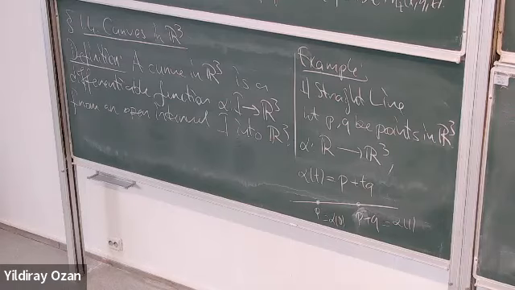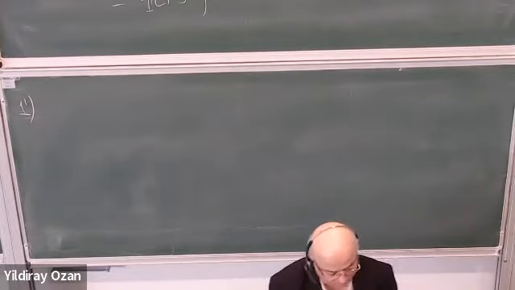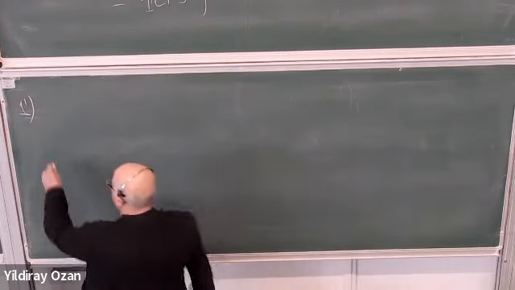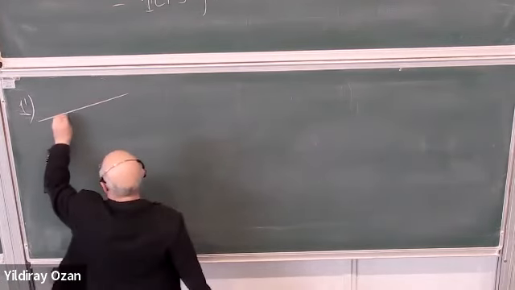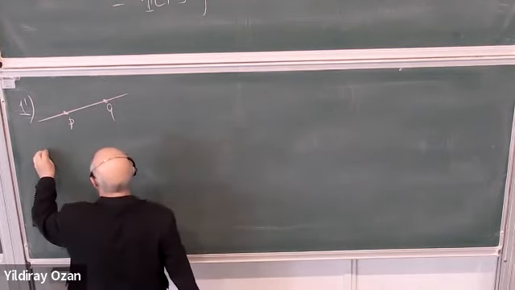If you want the line joining, let's say alpha 1 prime, that was 4. Yes, alpha 1 prime. If you want a parameterization of the line joining P and Q, then you may consider this function.